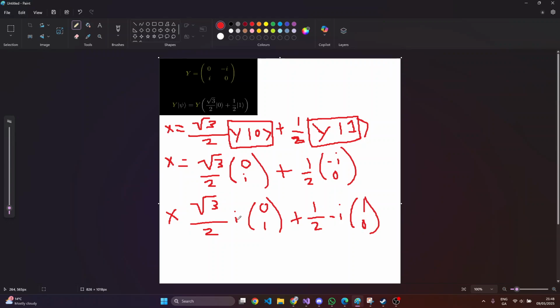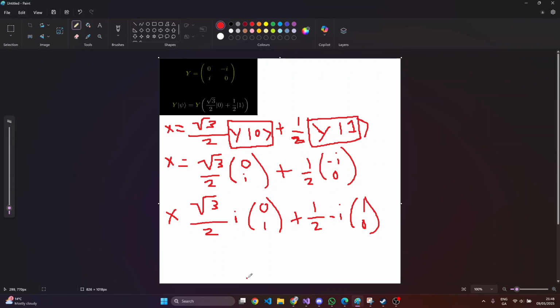When you multiply it in, i by 0 is 0, so that's the same at the top as it already was. 1 by i is i, so that's the same as it already was. They're the same thing, just factored out in a different way to write them. Same here: minus i by 1 is minus i, by 0 is 0. So it's just a different way to represent it.